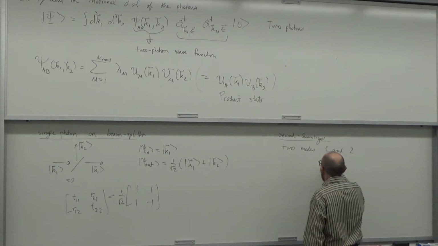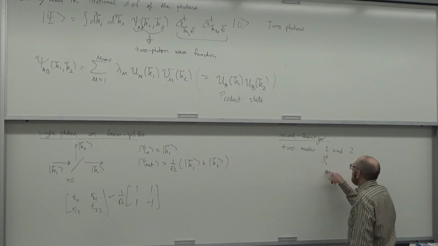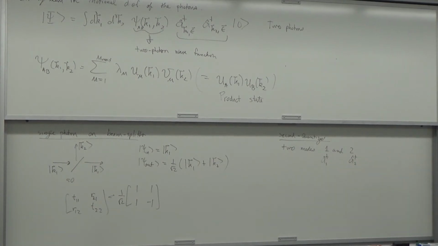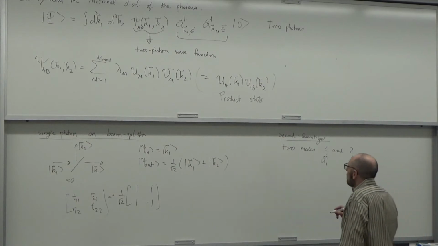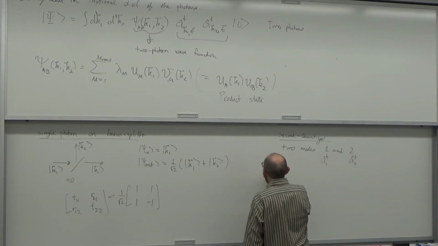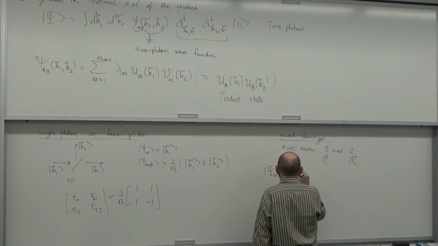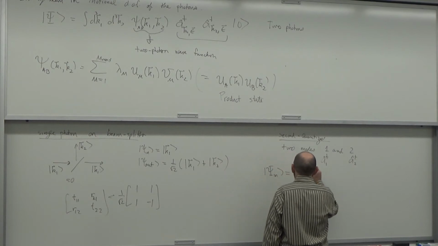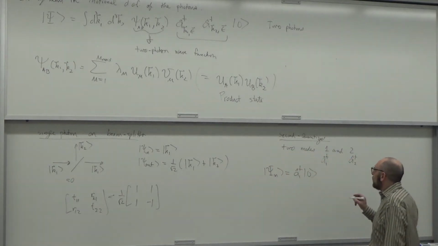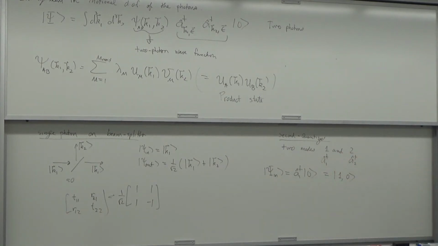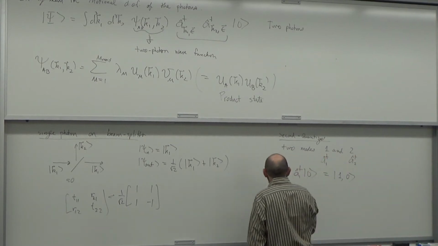So this creates a photon with momentum k1, and this creates a photon with momentum k2. So my input state in this notation would be that, which is 1 photon in mode 1 and 0 photons in mode 2. What is my output state?